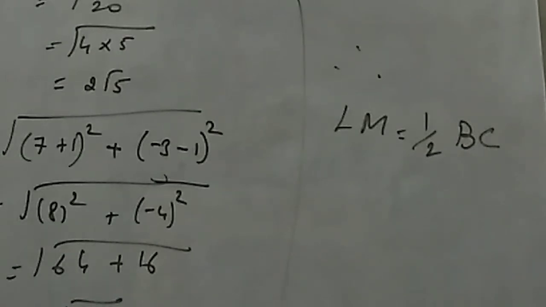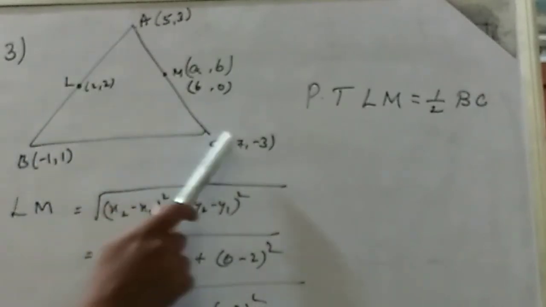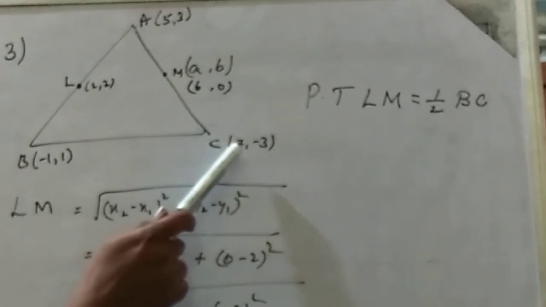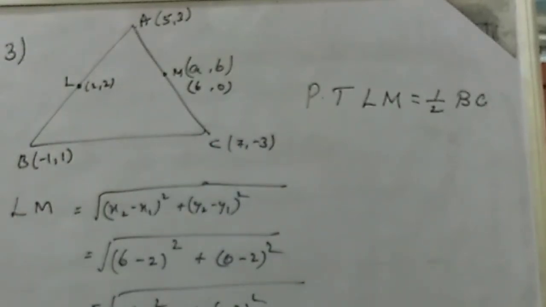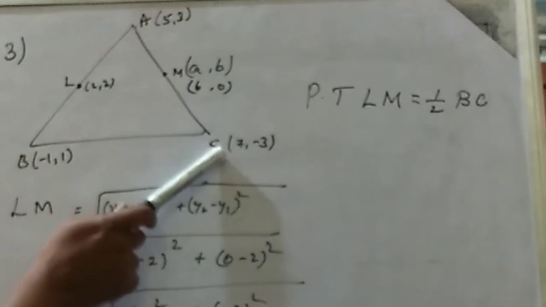Okay. Now see. Given triangle ABC: A (5, 3), B (-1, 1), C (7, -3). They are asking you to find the coordinates of the midpoints of AB and AC.